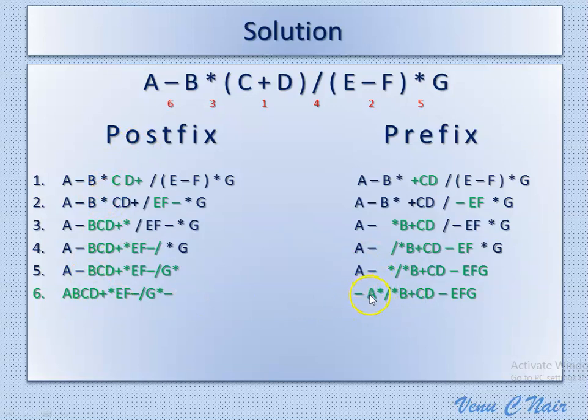A is the first operand and the remaining portion of the equation is the second operand. So this is our prefix notation. So this last line is the solution to this infix expression, the converted form of the infix expression. This one is the postfix form and this is the prefix form.